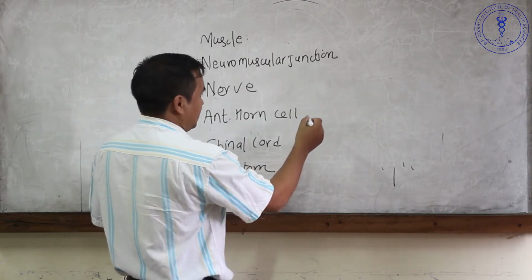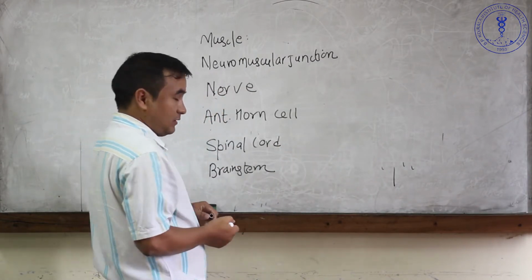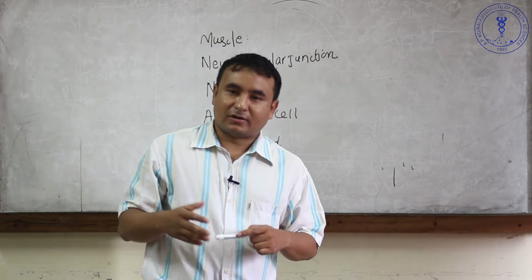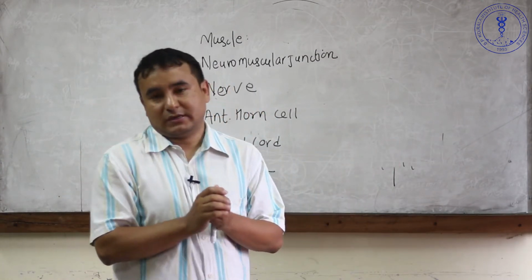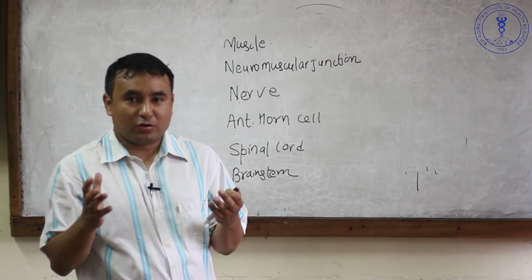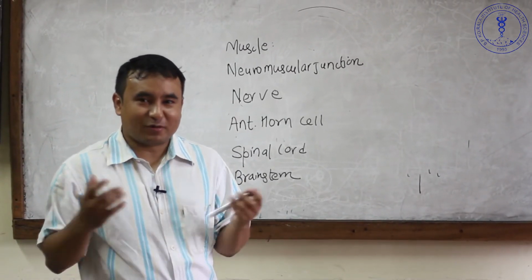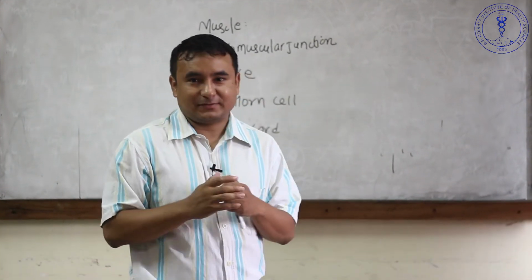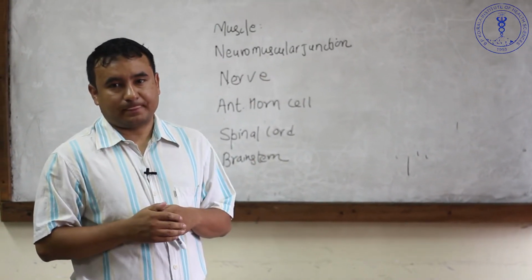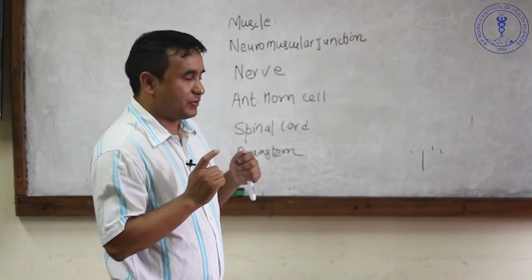Then similarly at the level of the internal capsule, maybe at the level of the corona radiata, and maybe at the level of the cortex. So how do we locate where the problem is? This is the most fascinating approach to the patient with neurological weakness.